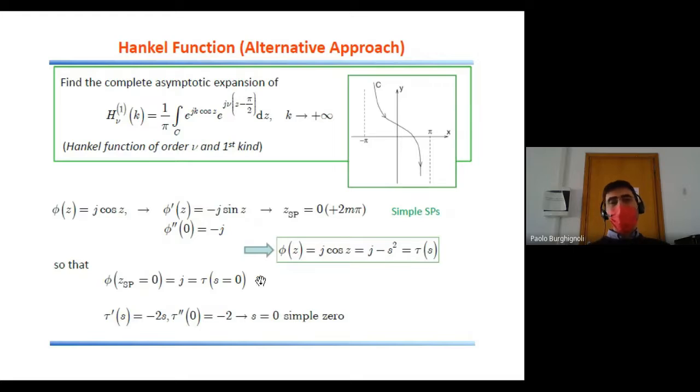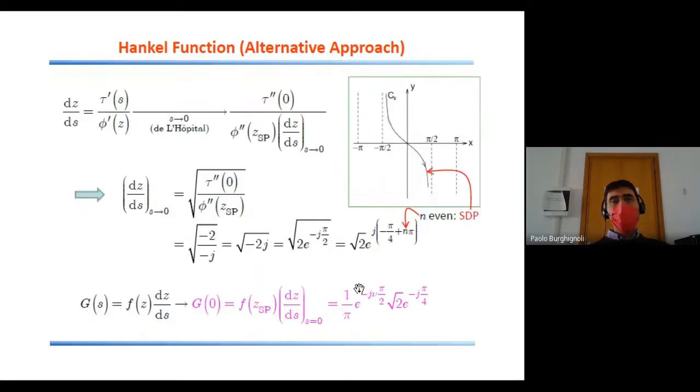Why second order? Well, because since we have a first order saddle point, we wish that also the function tau has a first order zero at the origin, and since tau prime is given by minus 2s, we will see that actually the origin is a simple zero for the function tau. And why is this useful?